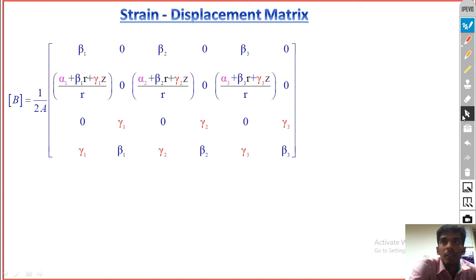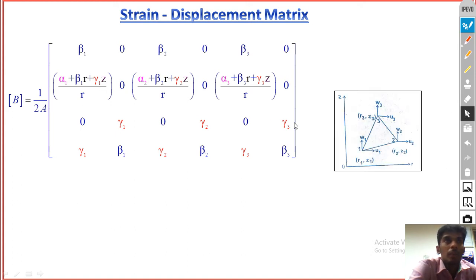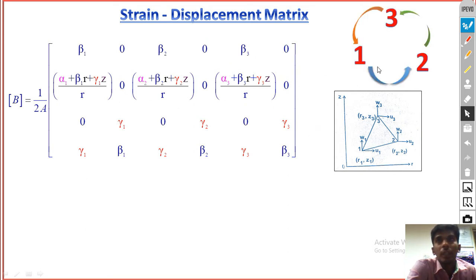Next, what are the meanings of beta 1, beta 2 and beta 3? Before going to the entire meaning, we should always consider this trinodal triangular element in the counterclockwise direction. It is very important. If you mention 1, automatically 2, 3, then 3 to 1.